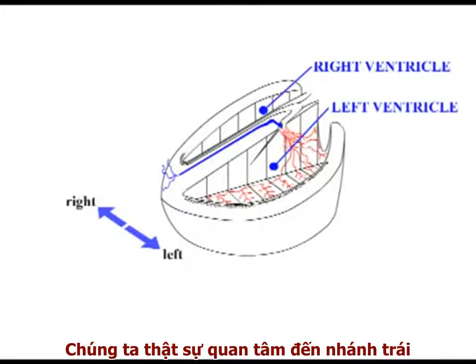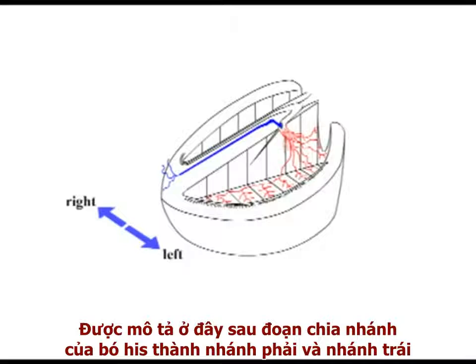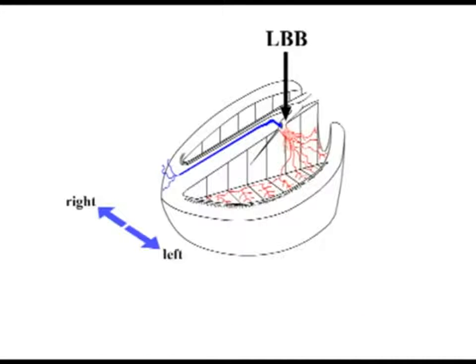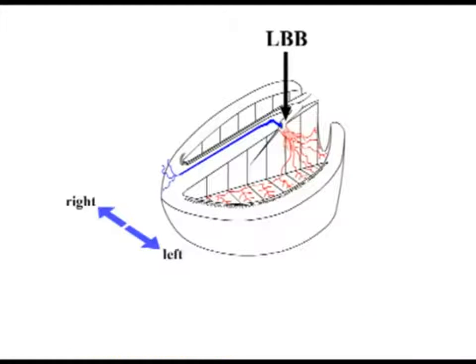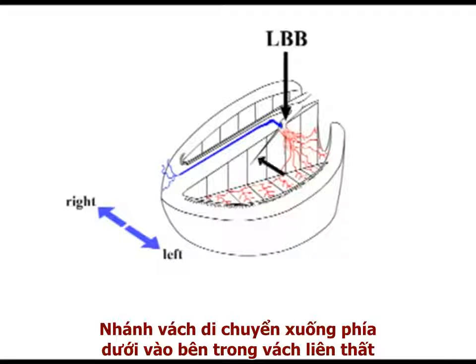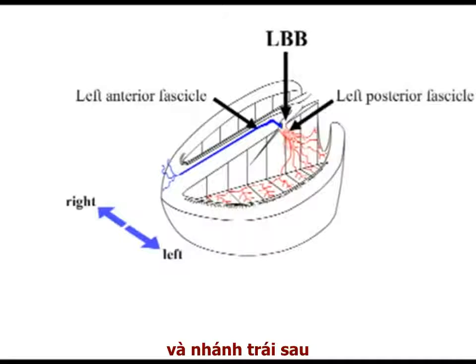We are particularly interested in the left bundle branch. Shortly after the anatomical bifurcation of the bundle of His into right and left bundle branches, the left bundle branch itself quickly divides into 3 distinct collections of conducting fibers: a septal branch which travels downwards into the septum, an anterior fascicle, and a posterior fascicle.